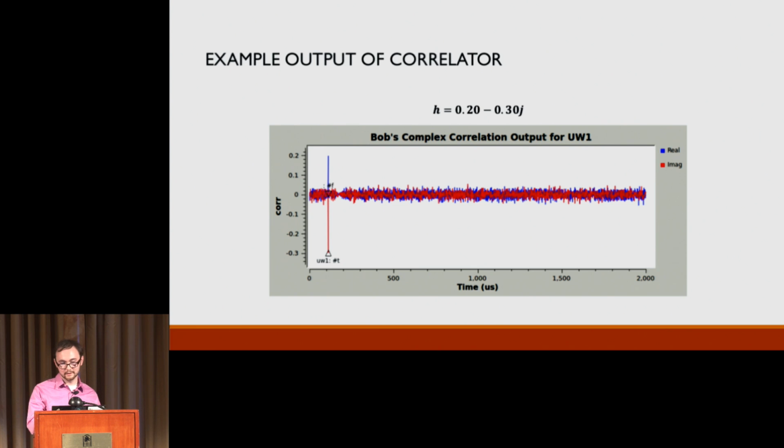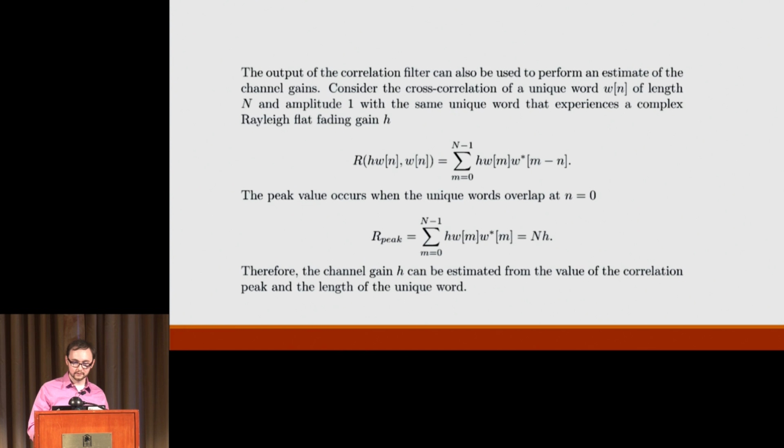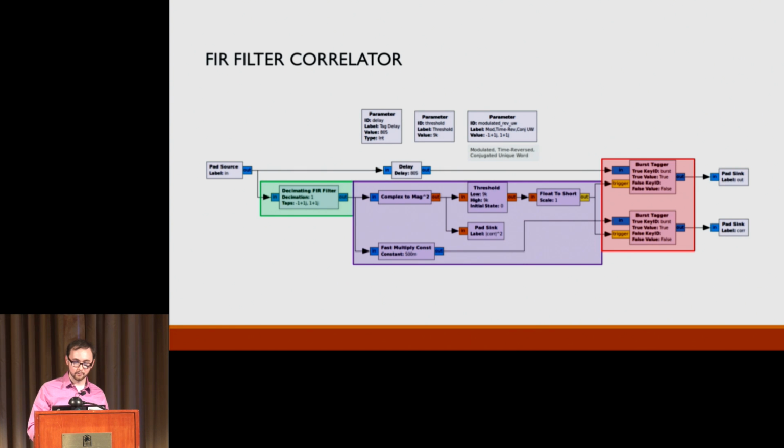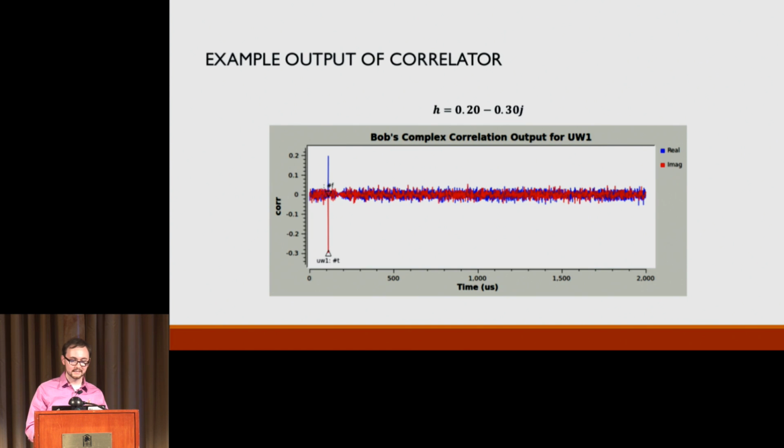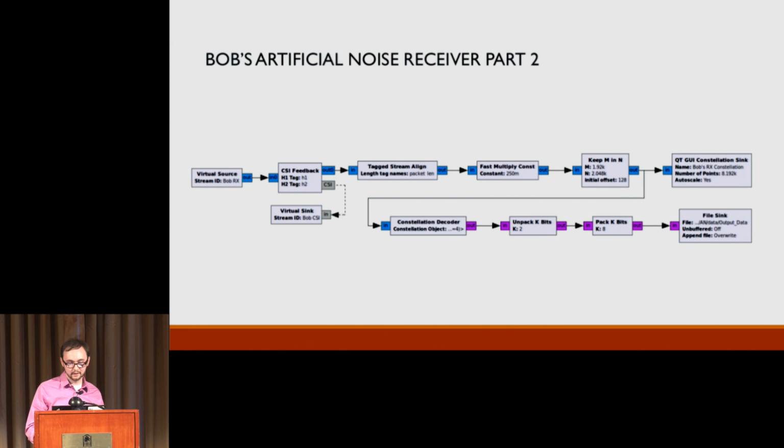In this case, I simulated a channel that was 0.2 minus 0.3J. As long as I have the correlator telling me where my unique word is happening, I can tag this position in the output, and then grab the sample wherever that occurred. And that's how I get my estimate of the channel.